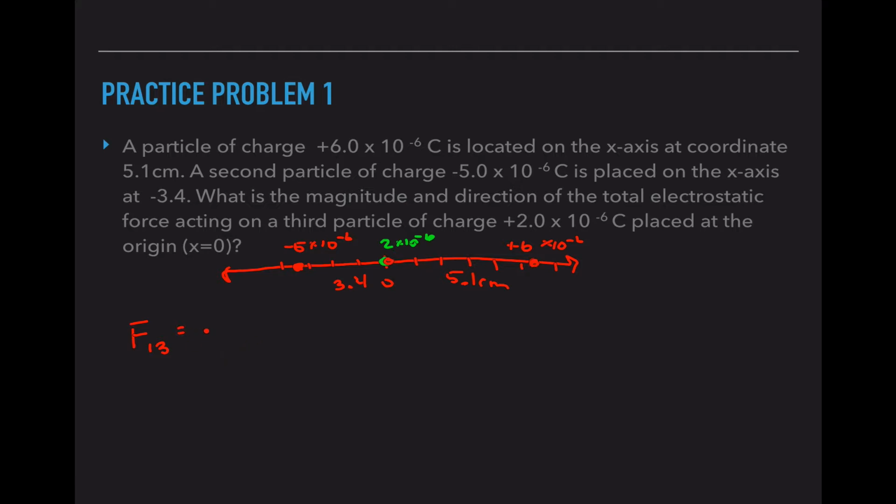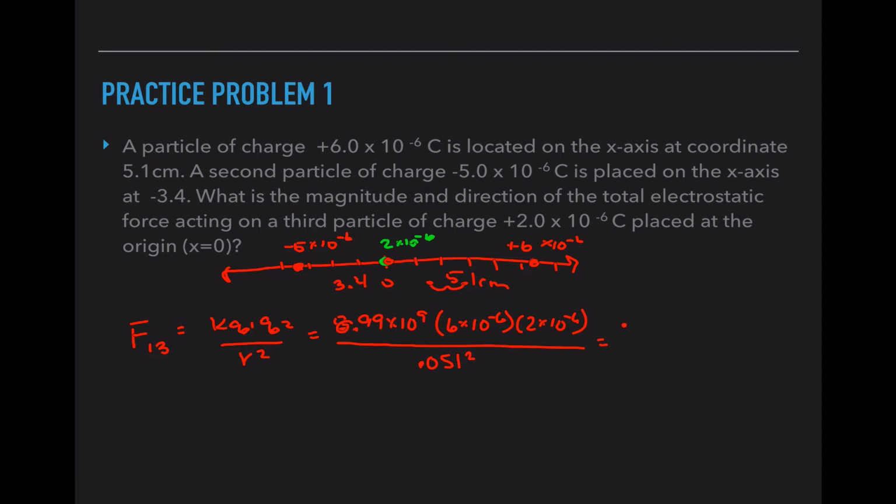Okay, so I have the force is K Q1 Q2 over R squared, which is 8.99 times 10 to the 9 times 6 times 10 to the negative 6 times 2 times 10 to the negative 6 all over, this is centimeters and I want it in meters, so I'm going to bump my decimal 2 places to the left, and it's 0.051 squared.